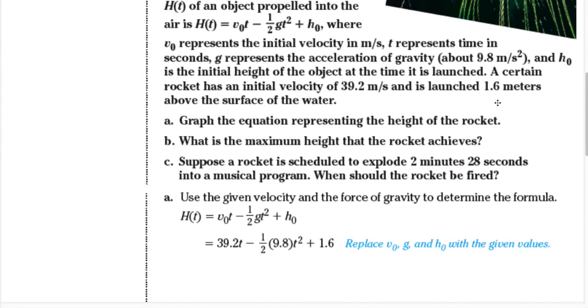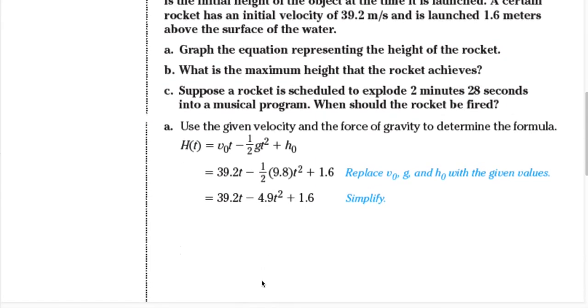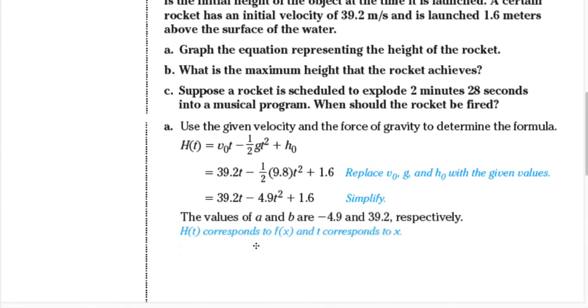If we simplify this further, we end up with 39.2t minus 4.9t squared plus 1.6. So the values of a and b, because we want to find our axis of symmetry, would be negative 4.9 and 39.2. h(t) corresponds to f(x), which is basically our y, and t corresponds to our x.